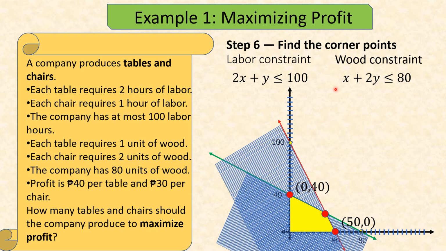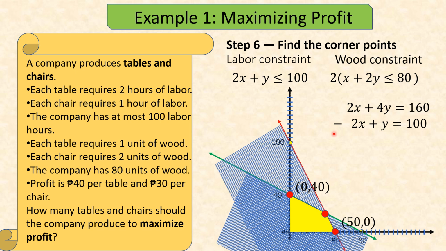Okay, so first we need to multiply this one constraint by 2 to make them have the same coefficient of x. So we have 2 times x is 2x, 2 times 2y is 4y, 2 times 80 is 160. We need to write it temporarily as an equation. Then we will rewrite 2x plus y equals 100.